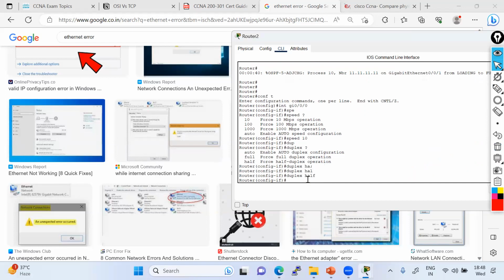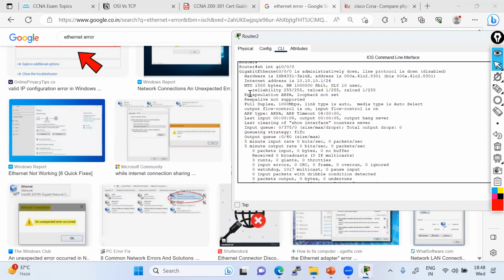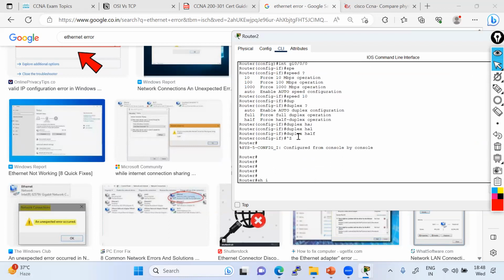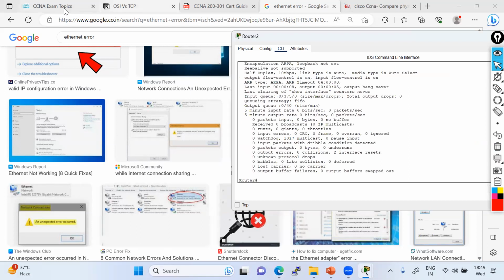Once I do that, see my parameters earlier, it was full duplex and 1000 Mbps. But now if I check it again, you'll find your speed is 10 Mbps and duplex is half. So it's changed, right? This is how it can be done.